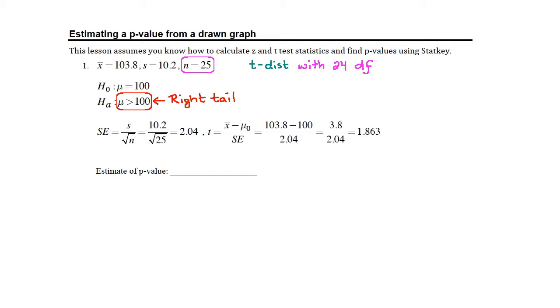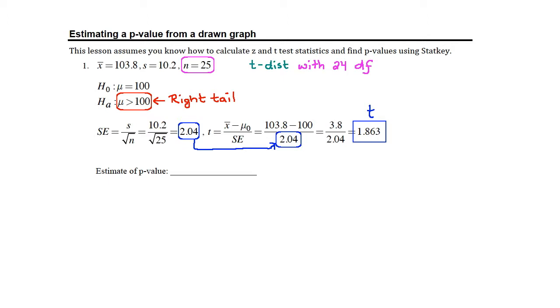We don't go through the computations in this example because we really want to get quickly to the point, but we can see in these computations that we would first calculate a standard error and then use that standard error in the denominator of our test statistic formula to get a t-statistic, and that here at the end we have our actual t-statistic that we're going to use in order to find the p-value. So we want a t-distribution with 24 degrees of freedom with a right tail starting at 1.863.